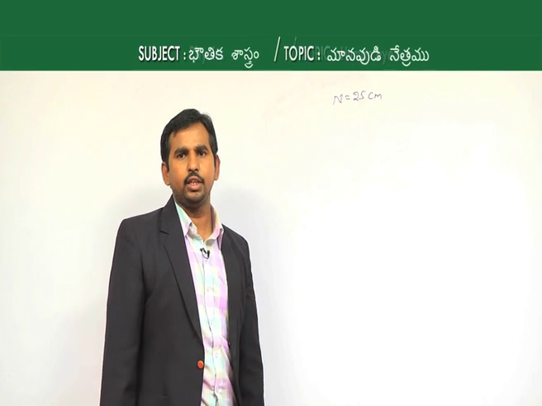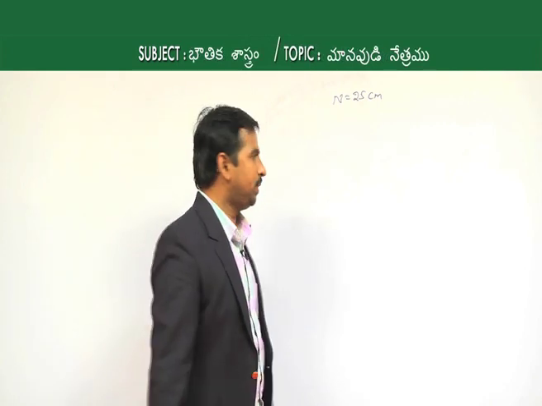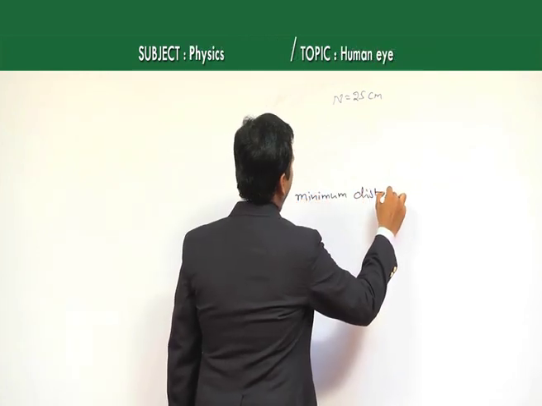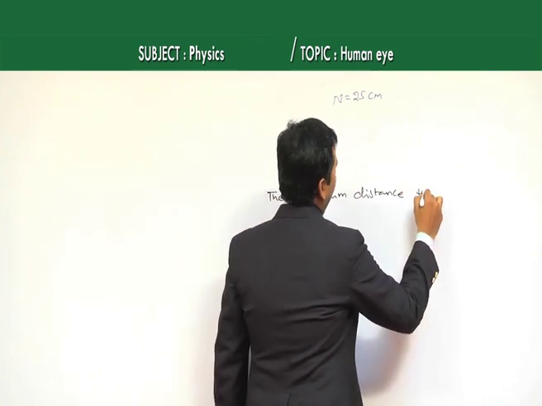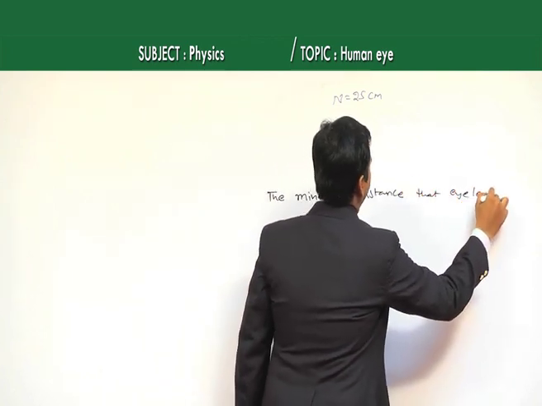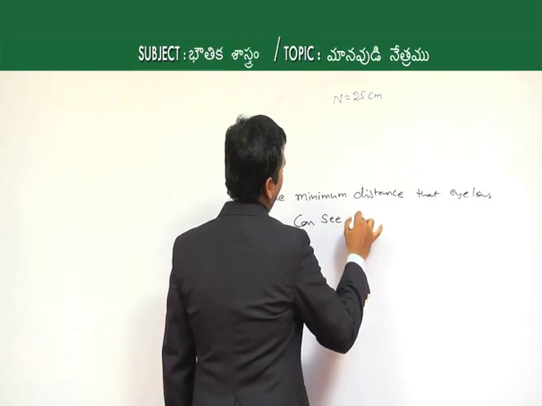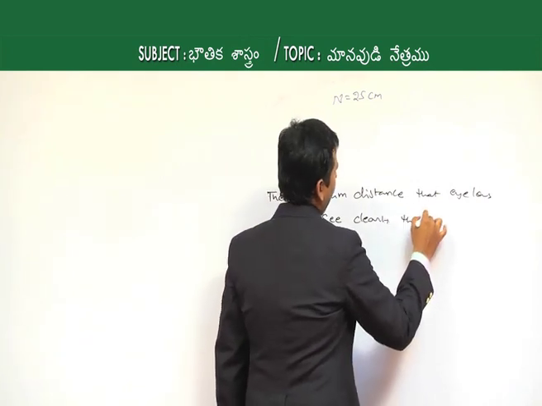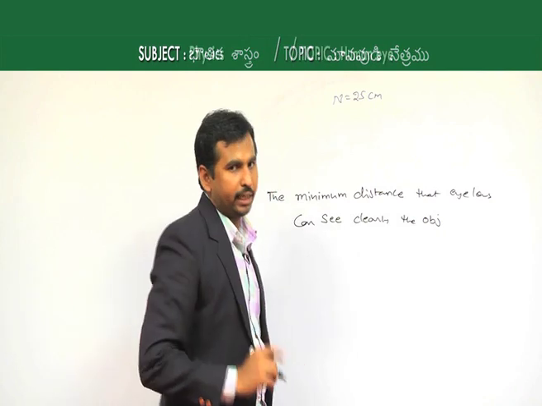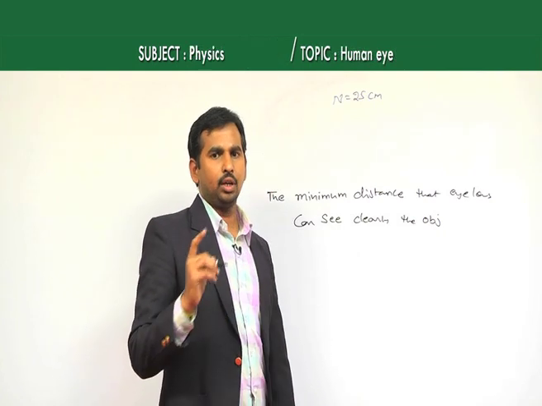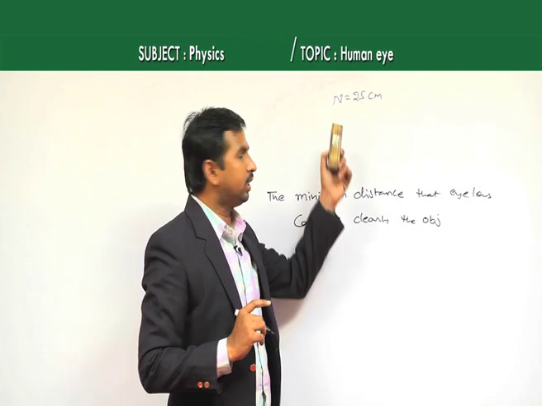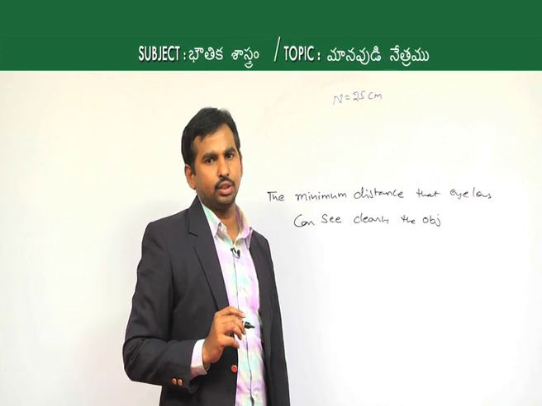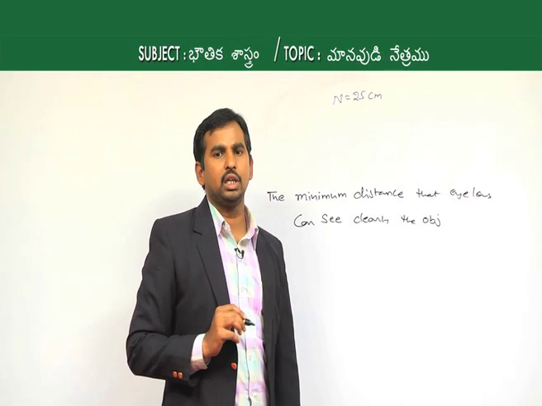Near point means nothing but the minimum distance at which our eye lens can see the object clearly, without any strain, without straining we are able to see the objects here. That distance we call the near point distance or near distance of distinct vision. So, that distance is 25 centimeters.